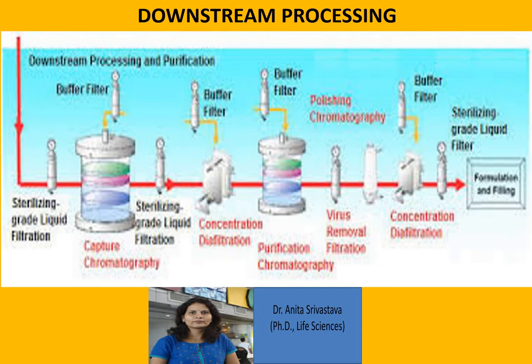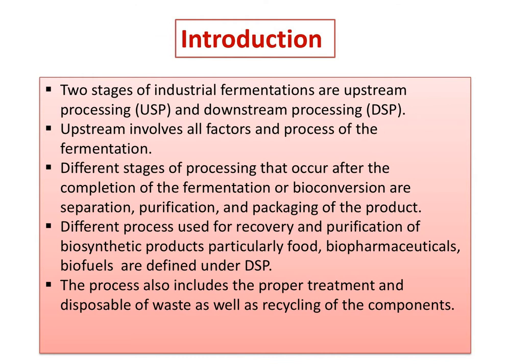So the total process has two parts, which are upstream processing as well as downstream processing. Before going into the detail of downstream processing, I will brief about the process.